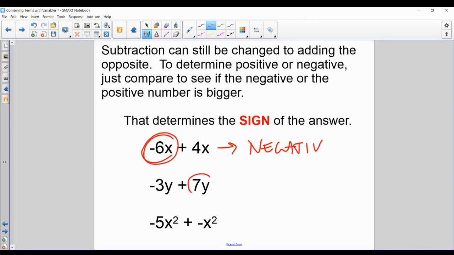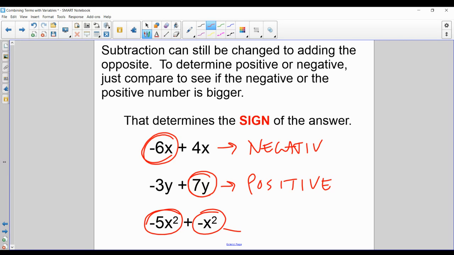Here, more positives because 7 is bigger than 3, so my answer is going to be positive. If I have both negatives, so this one right here means -1. If everything is negative, then my answer will be negative.